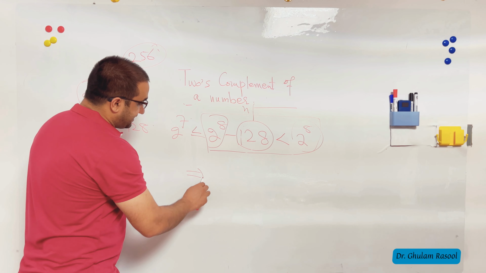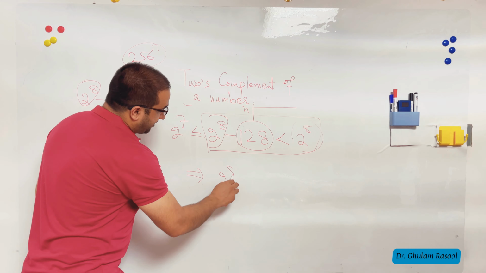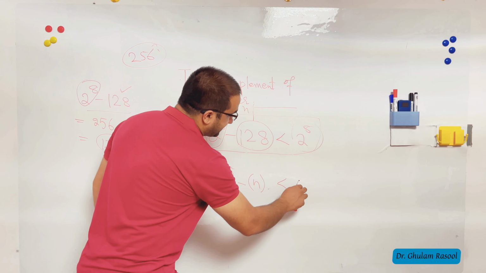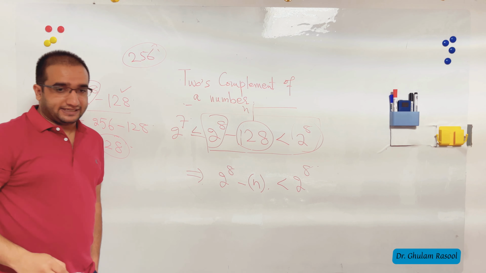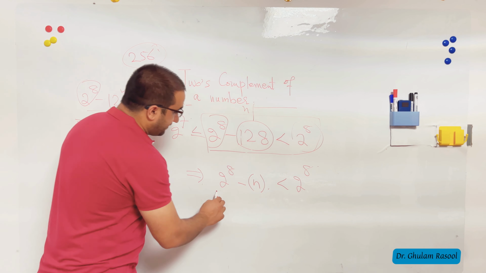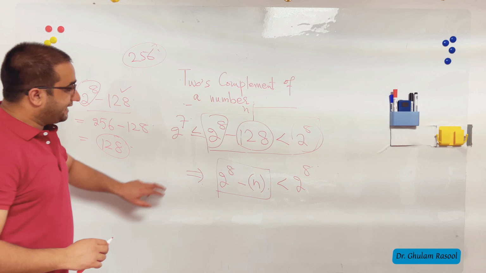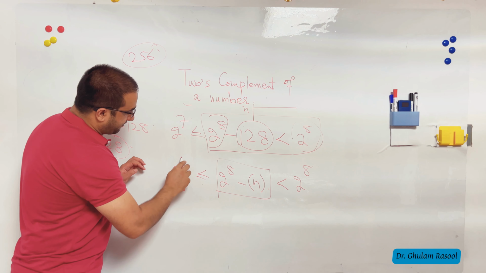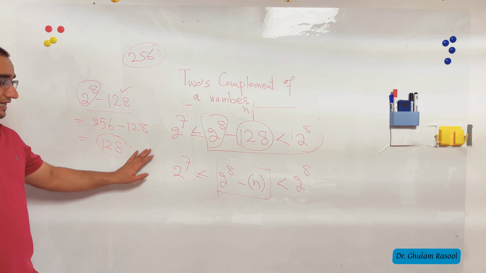So I can simply say that 2 raised to the power 8 minus the number n will again be less than 2 raised to the power 8, and this number will be greater than or equal to 2 raised to the power 7 on the left.